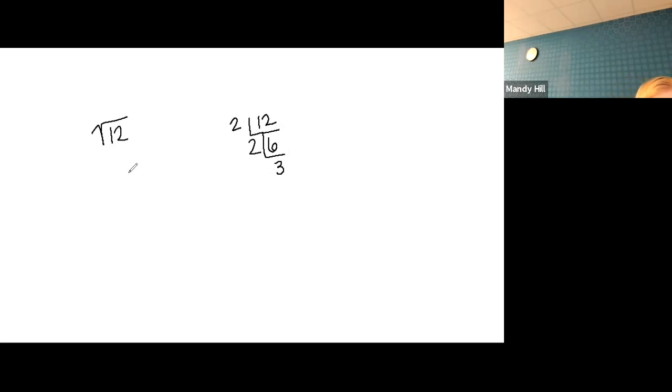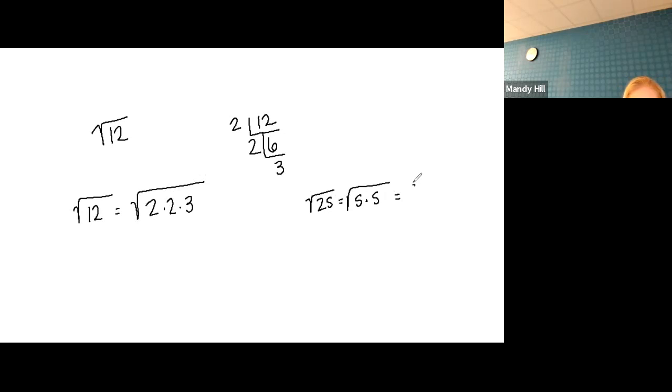And so what we know from this is that the square root of 12 is equal to the square root of 2 times 2 times 3. Now, if we were doing the square root of 25, we would know the answer is 5 because 5 times 5 is equal to 25.